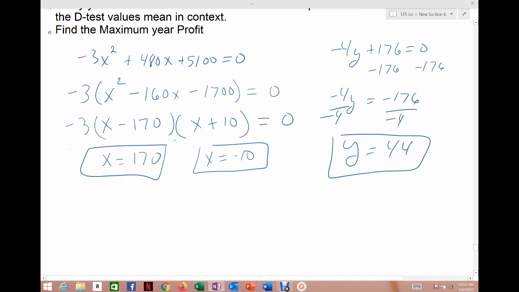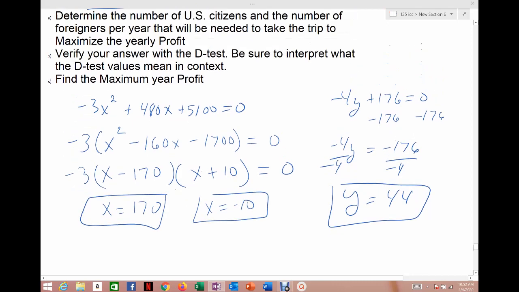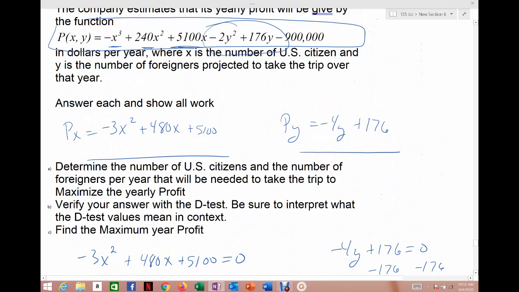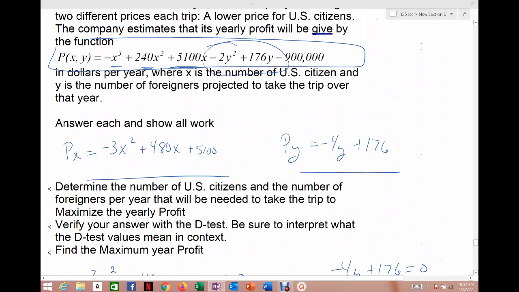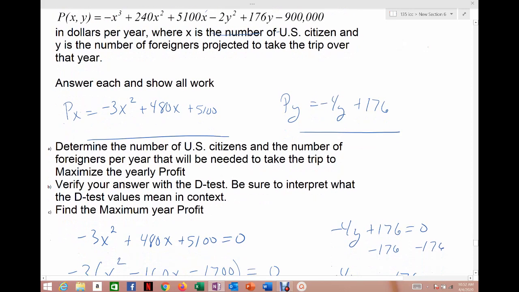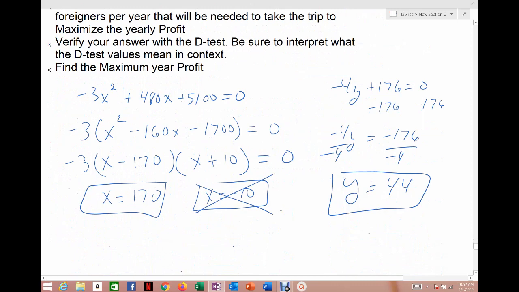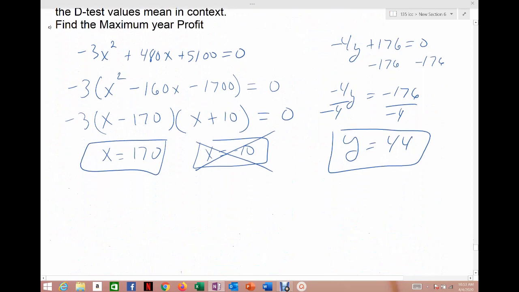But remember what the x values mean. The x value represents the number of people, right? Number of U.S. citizens who are going to take this flight. Well, I can't have negative U.S. citizens, right? And so I throw the negative out because it doesn't make any sense in context. So that means I really only have one critical value for this particular problem.